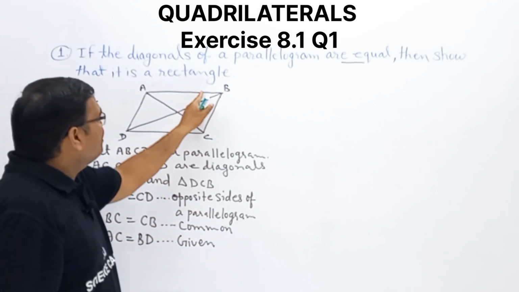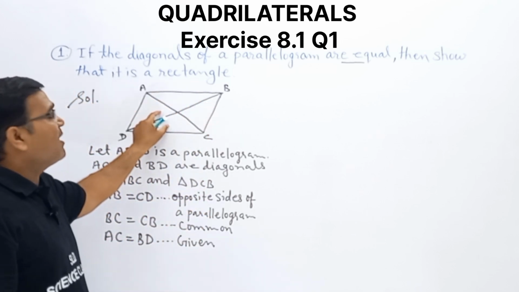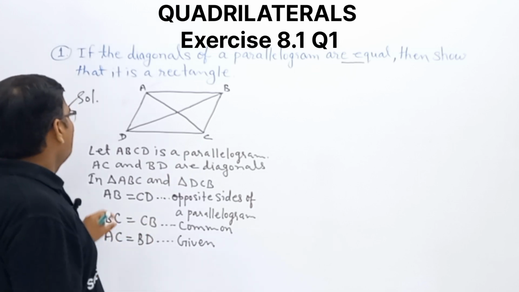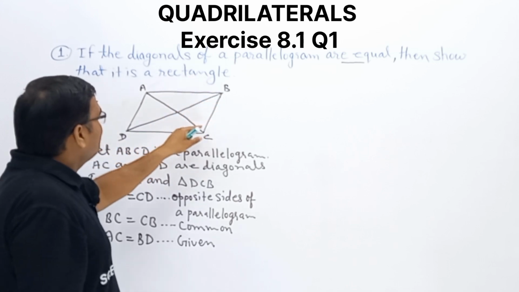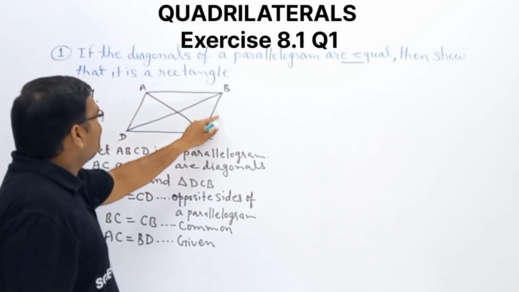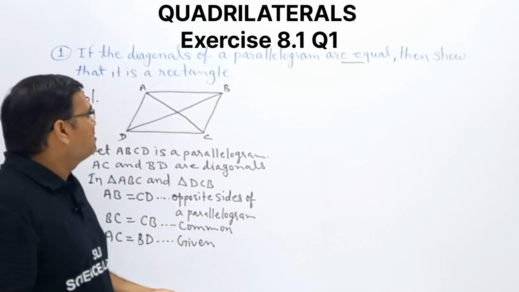Once we obtain that, we can say this parallelogram is a rectangle. For this, we take two triangles, ABC and DCB, and prove congruence.